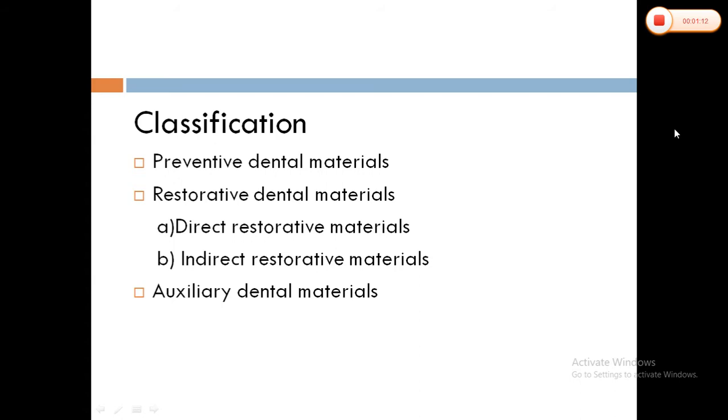Direct restorative materials are like GIC, which are going to be filled directly into the patient's mouth, whereas indirect restorative means like your crown or a fixed partial denture. These come under indirect restorative materials, that is, they are made outside and then placed into the patient's mouth.